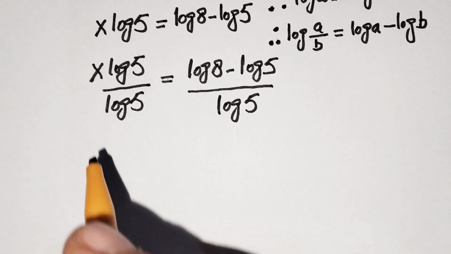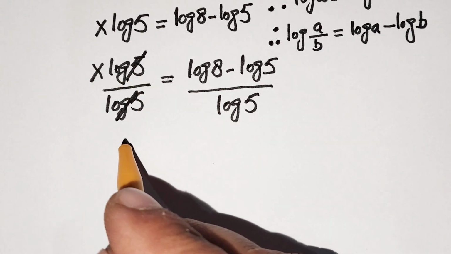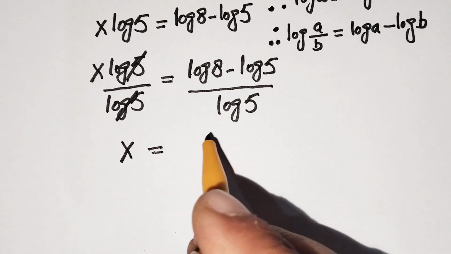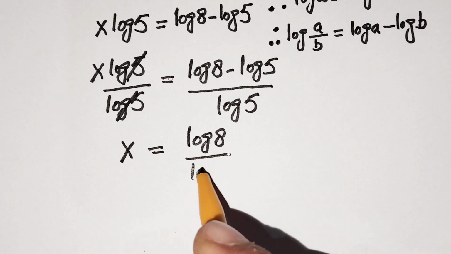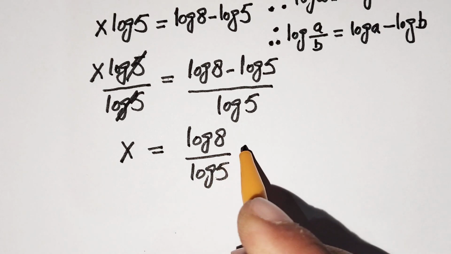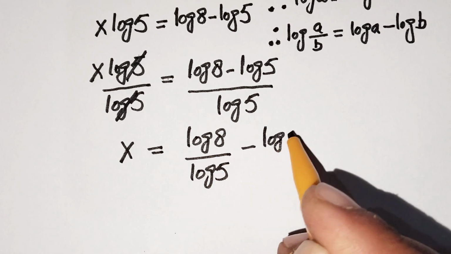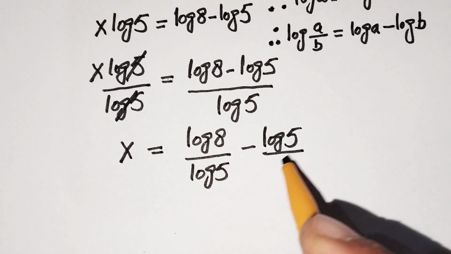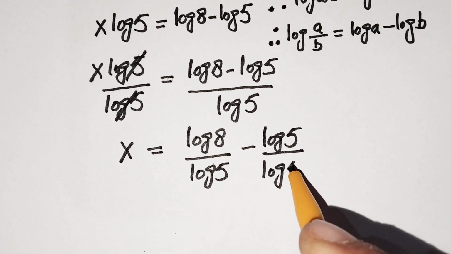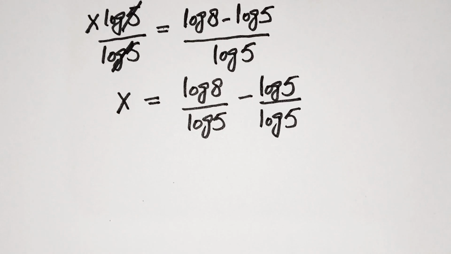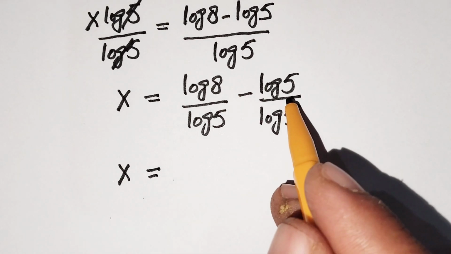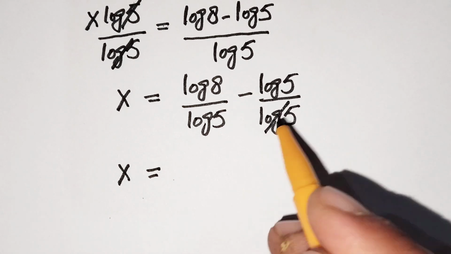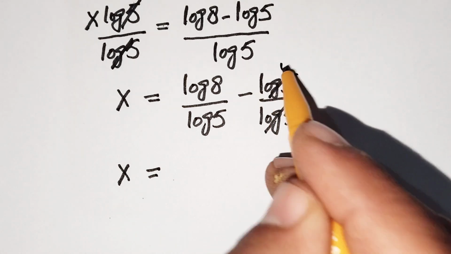Now cancelling log 5, we get x is equal to log 8 divided by log 5 minus log 5 divided by log 5. Here we can see that log 5 over log 5 cancels, and we get 1.